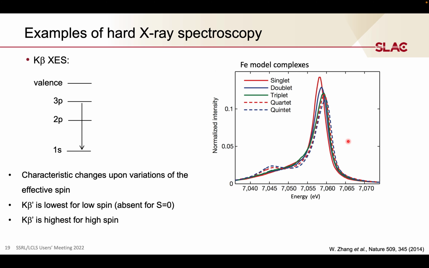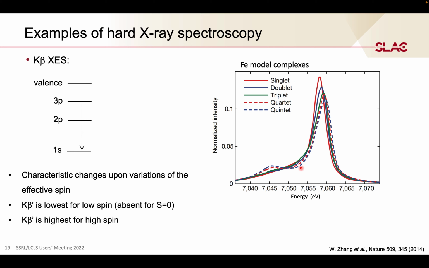So here in that figure, a number of different spins are shown with the corresponding spectra. The high spin, here only a quintet, so S equals 2. We see the Kβ prime, and you see the main line split quite a bit, and in the singlet, you don't see that splitting anymore.